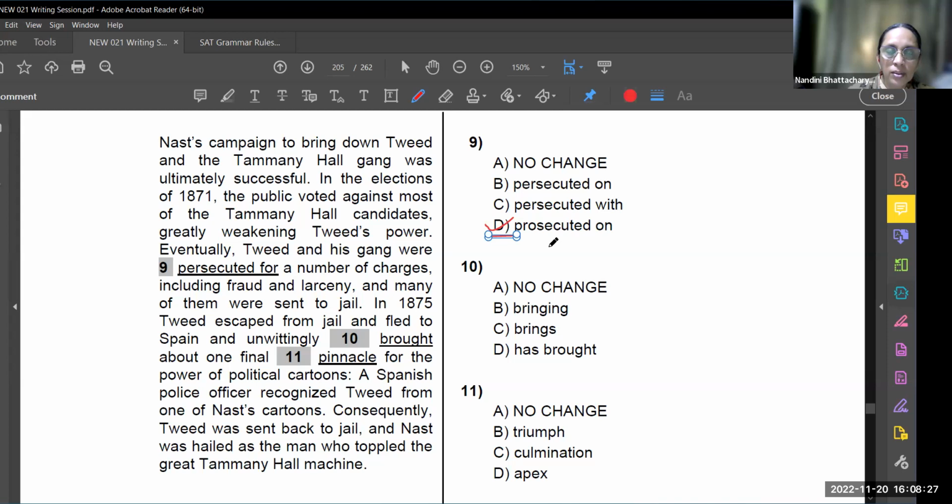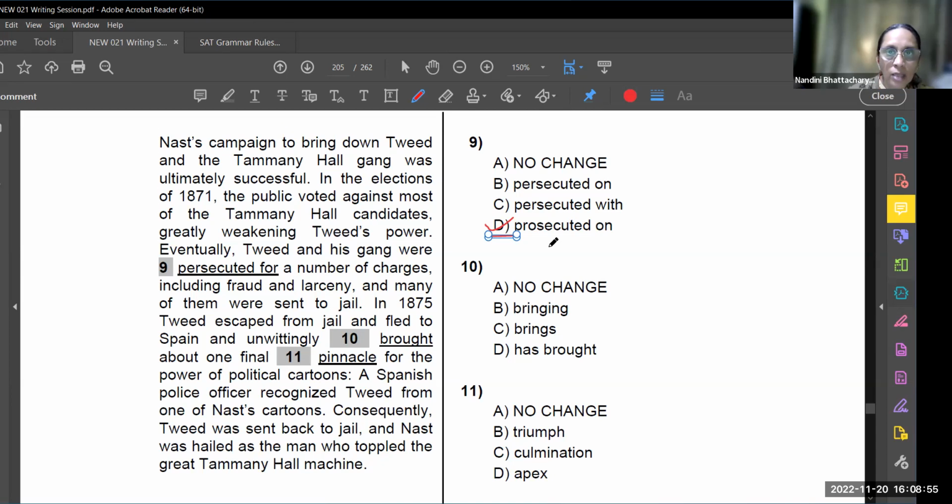What does prosecuted mean? Prosecuted means you are legally getting punished for some crimes. And what is persecuted? Abuse or discrimination. Persecuted means harassed without any charge.